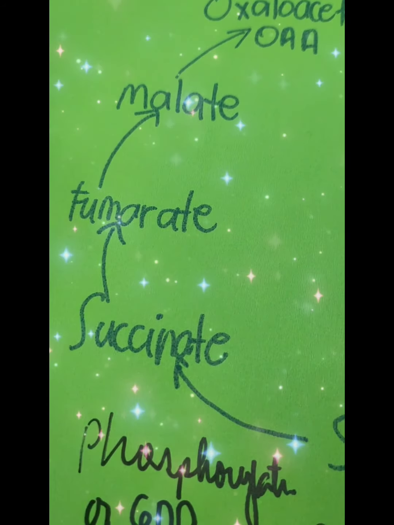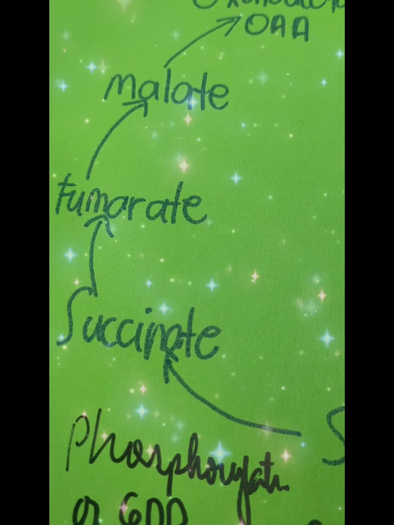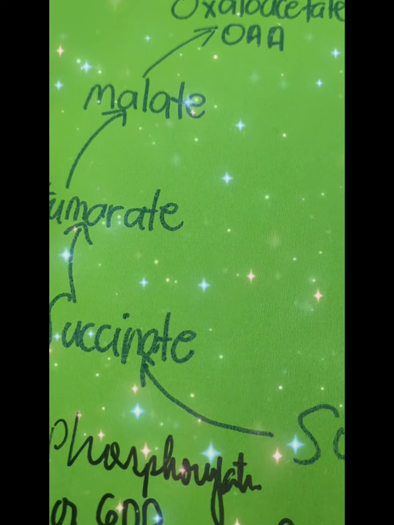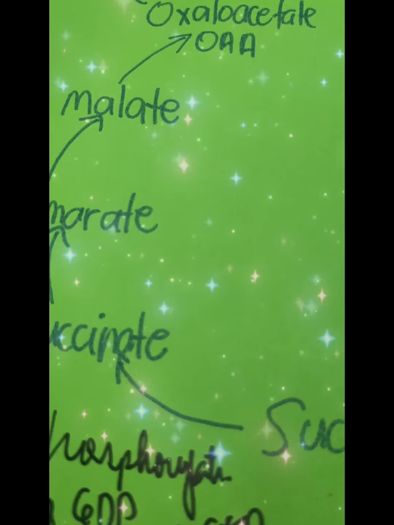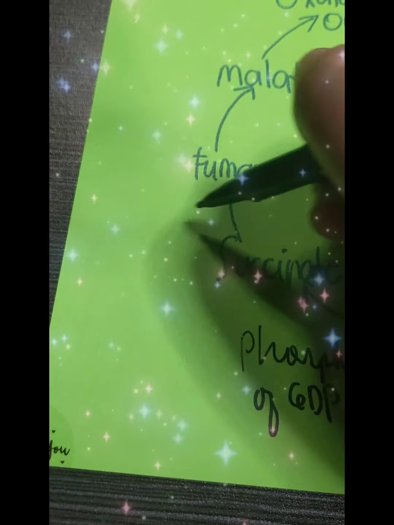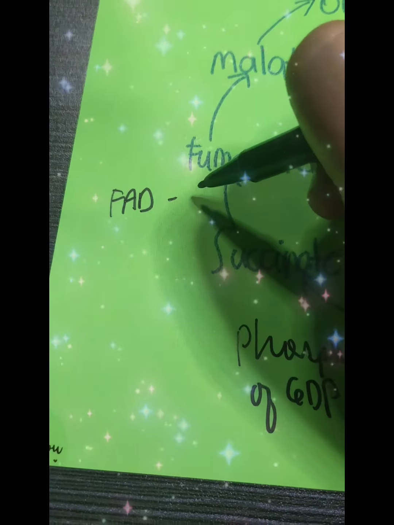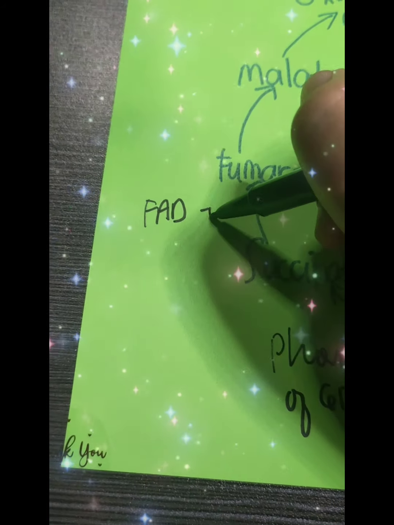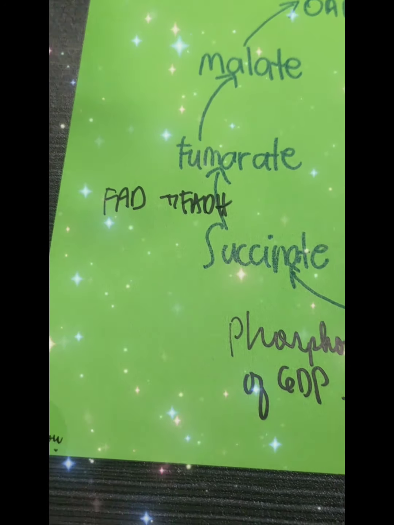The oxidation is catalyzed by your succinate dehydrogenase, therefore making your succinate to become your fumarate. On this level, yung FAD mo, the FAD becomes your FADH. Okay?